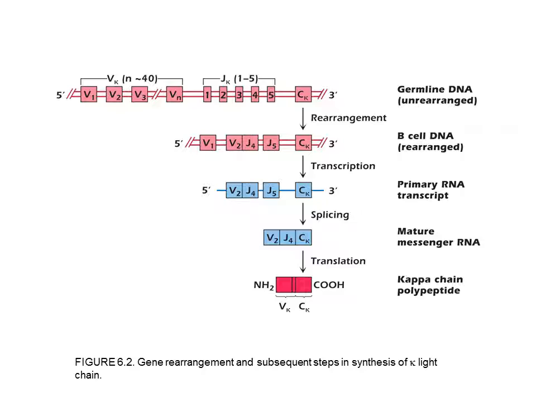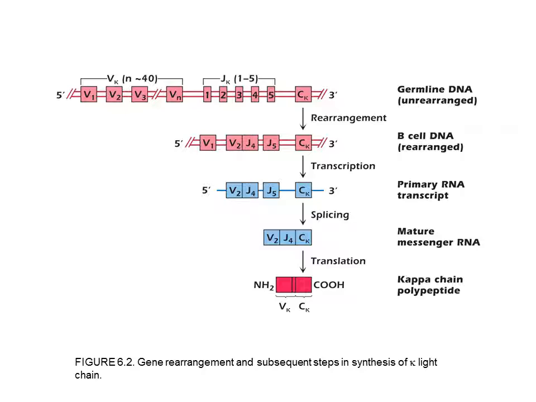And now, as we discussed earlier, when the germline DNA is transcribed, it is rearranged. So you still have 3 end and 5 end, and out of the different combinations that we have in the variable portion of the sequence, we pick up V1, V2, and then in the J sequences, we have 5 different sequences.